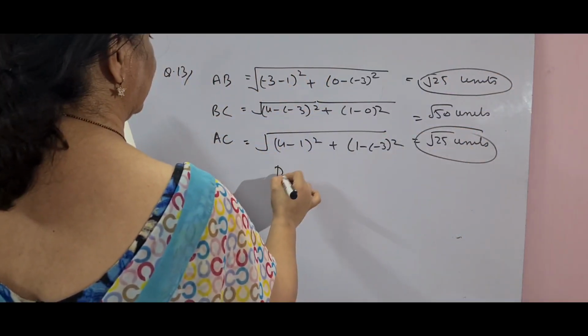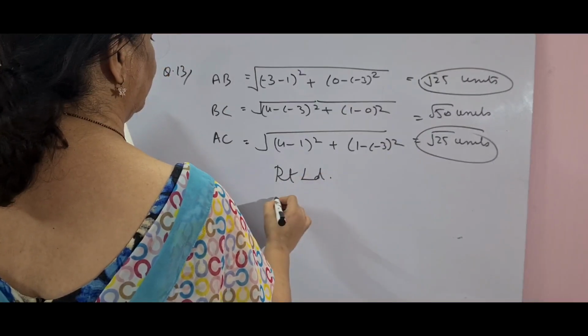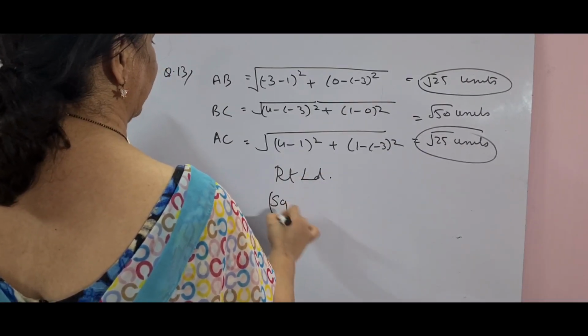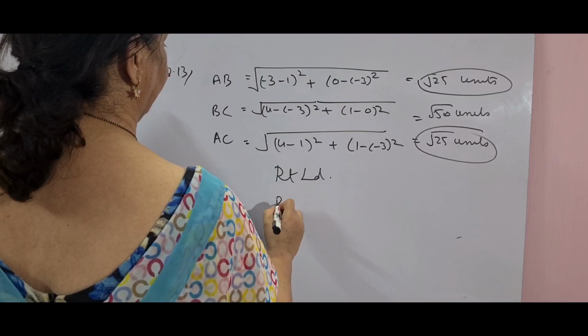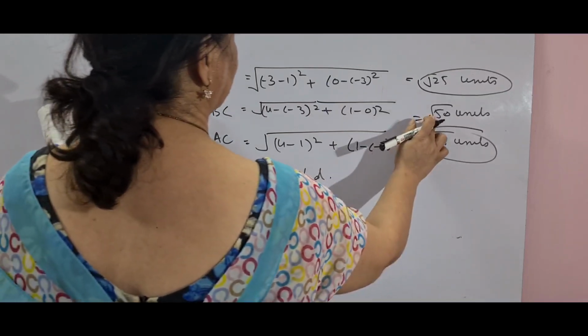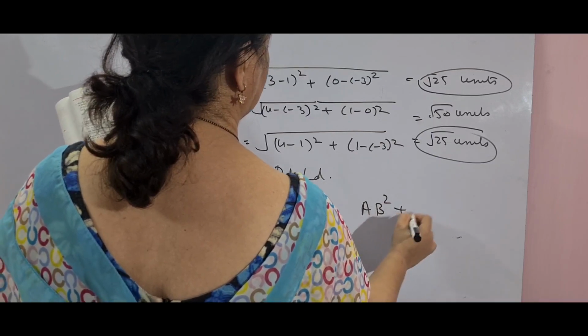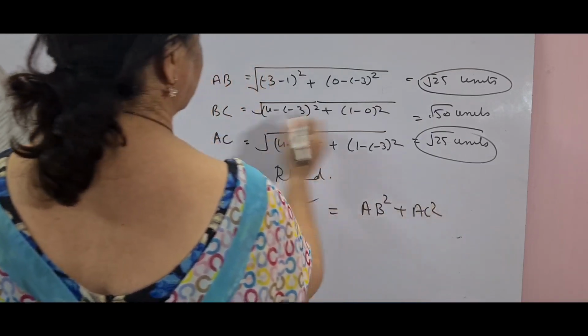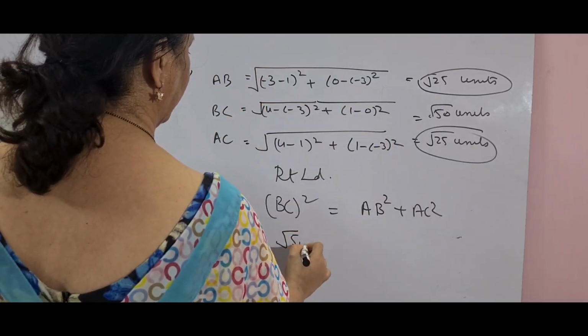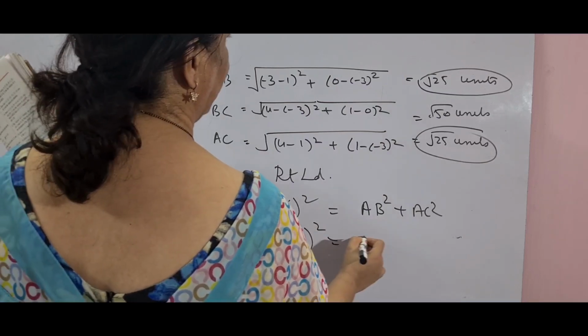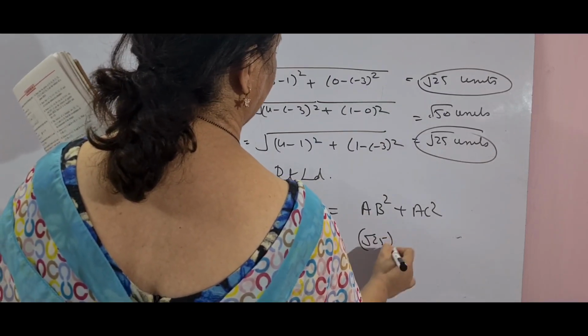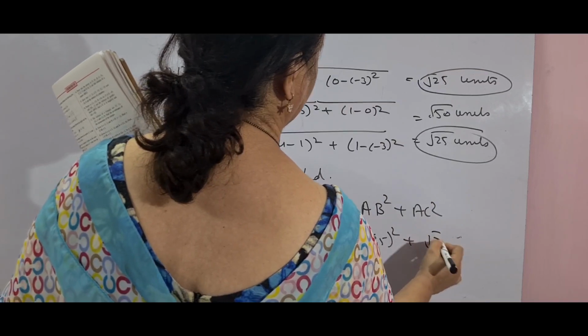And to prove that it is right angled, what you will do, square of the largest side, that is BC square, because the largest side is BC, should be equal to the sum of the squares of the other two sides, AB square plus AC square. So BC square means root 50 square, AB square means root 25 square, again AC square is root 25 square.